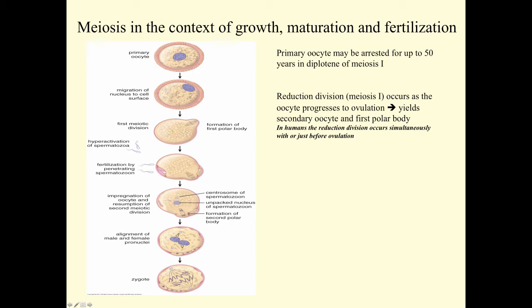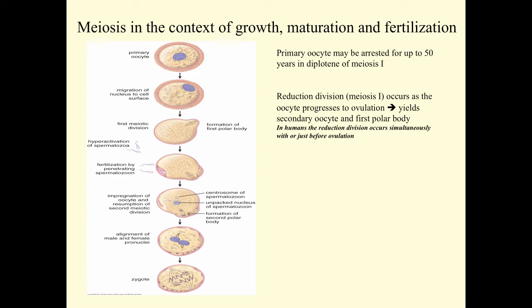Now the cartoon is highlighting just the generic sequence of events that occurs in meiosis within mammalian cells. Meiosis and ovulation vary from species to species. In humans, the reduction division, meiosis I, is occurring simultaneously with or just maybe an hour or two before ovulation.